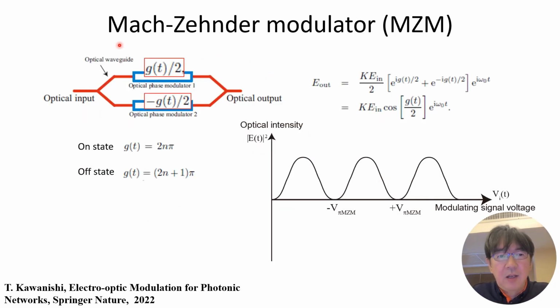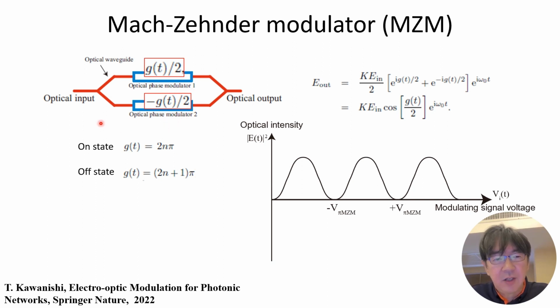Here, I'd like to give you a simple mathematical expression for the Mach-Zehnder modulator, MZM. This is the basic structure of the MZM. It has two phase modulators. φ(t)/2 denotes the induced optical phase shift by optical phase modulator 1.